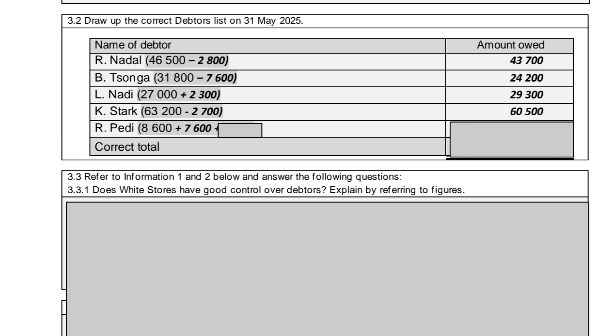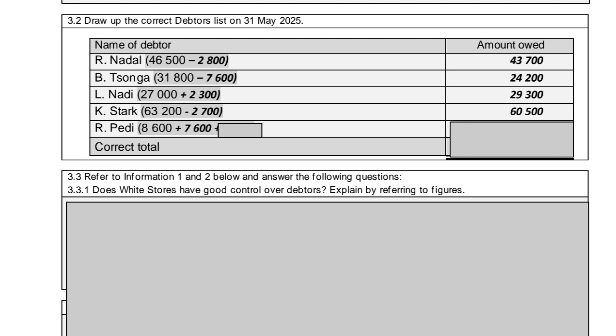4E, an EFT payment of 4,500 Rand received from R. Petty was incorrectly recorded in the cash receipts journal as 13,500. So in other words, in our journal, we showed that the debtor paid us back too much. So what is the difference? What is 13,500 minus 4,500?